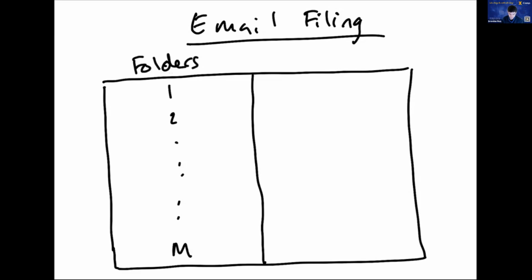And on the right side we're going to have all of our emails, from 1 to N. So 1, 2, all the way down to N.